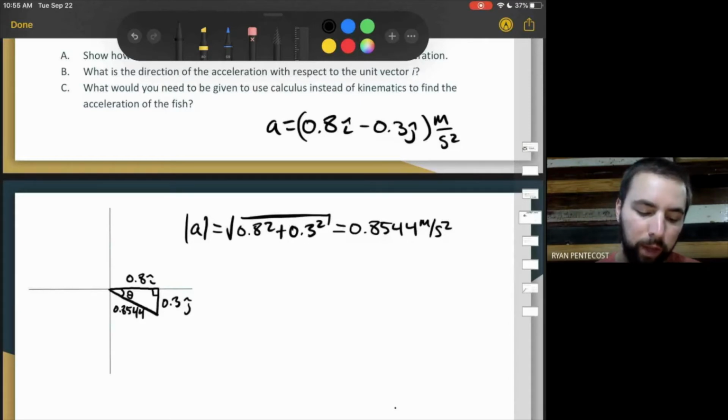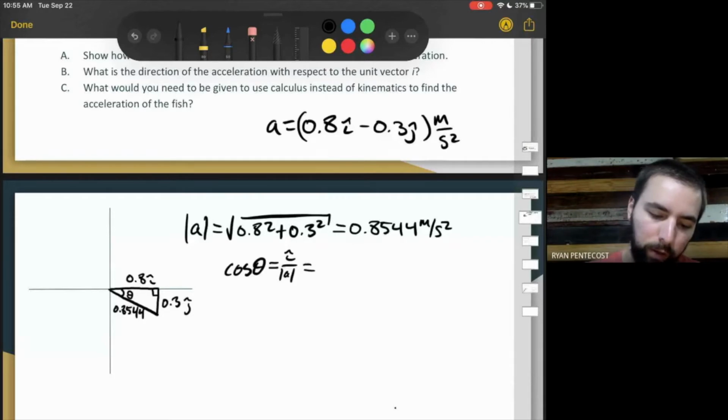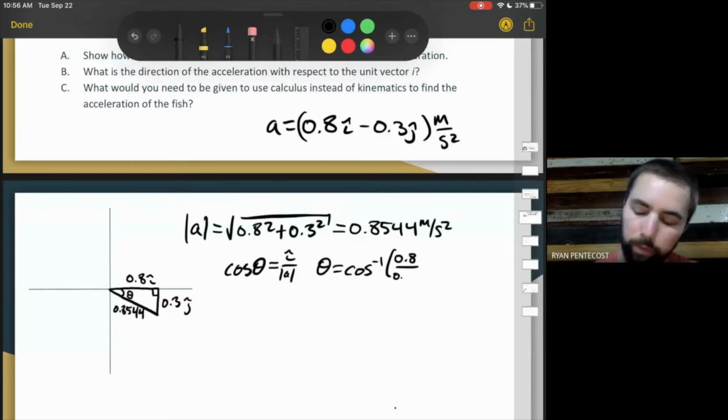Now, if we want that angle theta, we can say that cosine of theta, that would be the adjacent i over the hypotenuse, which is the magnitude, right? So to get theta, you would have cosine inverse of 0.8 divided by 0.8544.